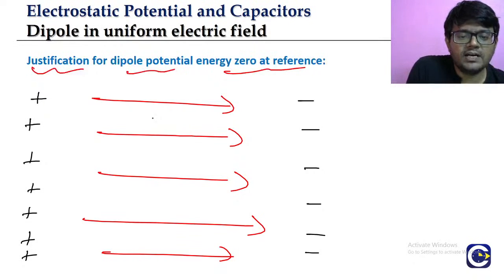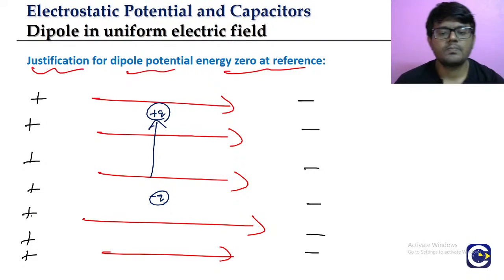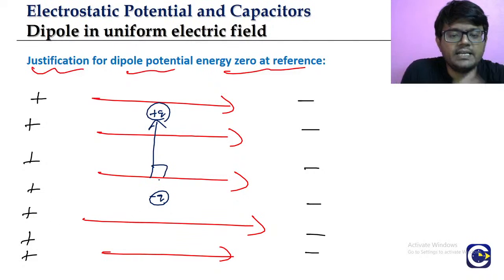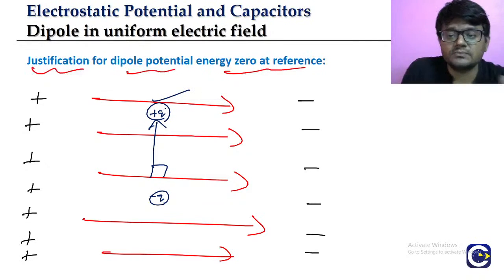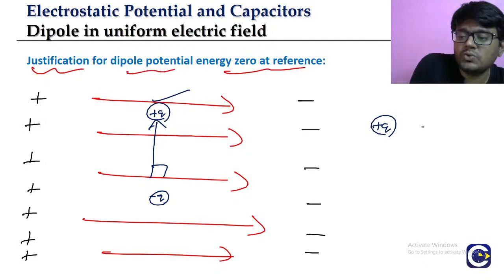The plus q comes here. Look at this 90-degree position. The dipole is a combination of plus q and minus q.